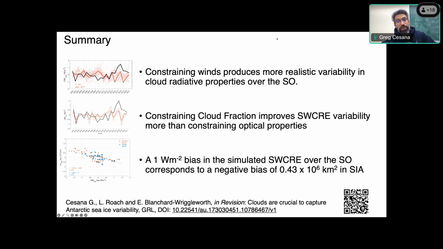There's also the fact that the microphysics is problematic because there's a lot of supercooled liquid clouds in this region, and they can go higher than where we expect them. They can be in the middle troposphere and not just in the lower troposphere. So that's a very difficult location for clouds and for the models. But there's room for improvement, and we have a lot of data to work with.